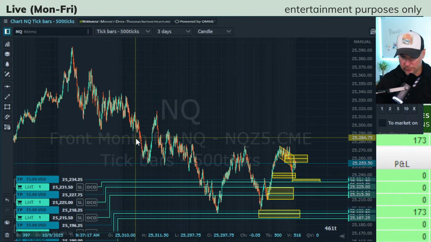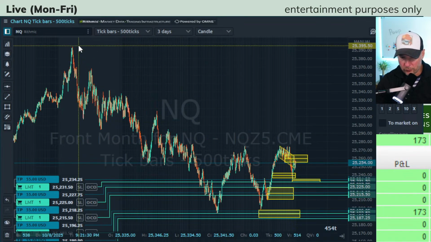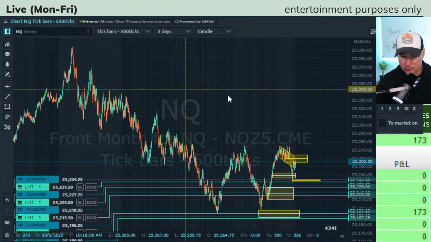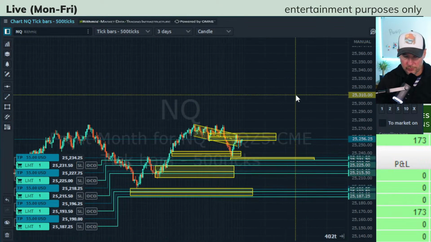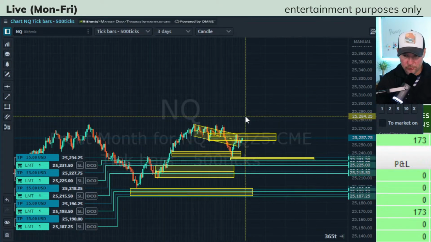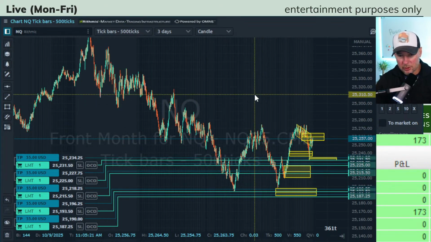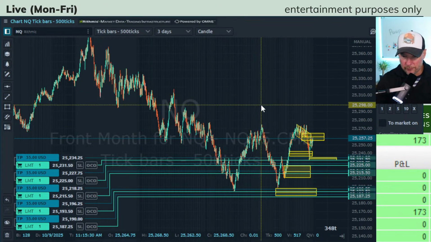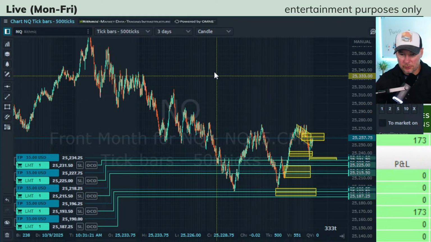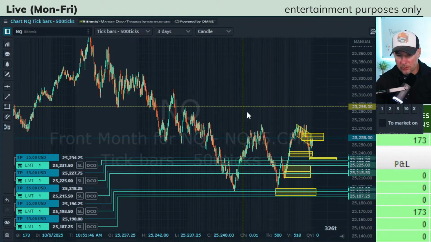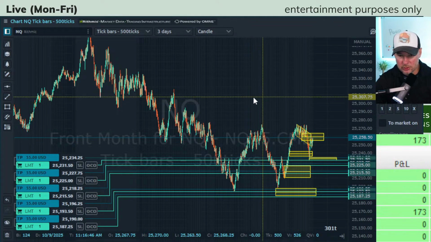There's a lot of them, a whole 120 points worth of them who are praying and wishing to get out. They'll be willing to get out at 25,300 at break even here. It's just halfway.